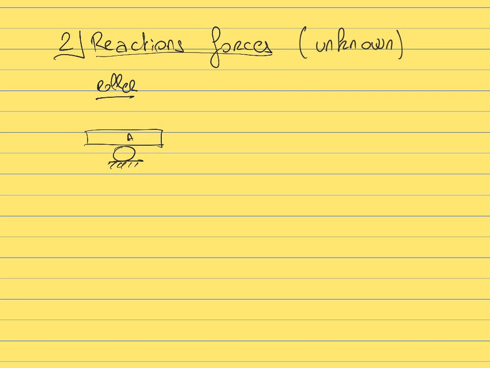The roller also does not prevent the translation of the member from left to right. The member is still free to move horizontally, so there is no horizontal force applied by the roller to prevent motion along the horizontal direction.